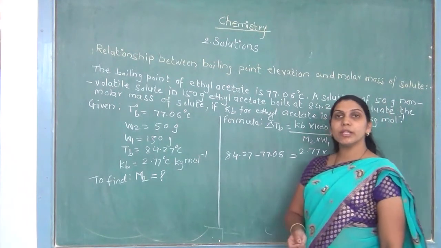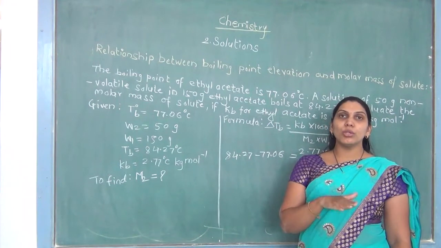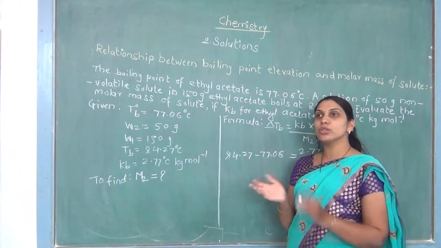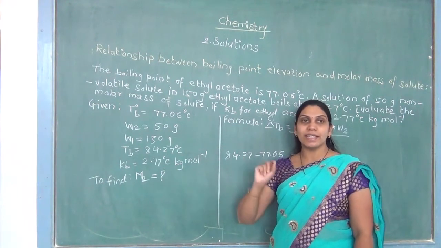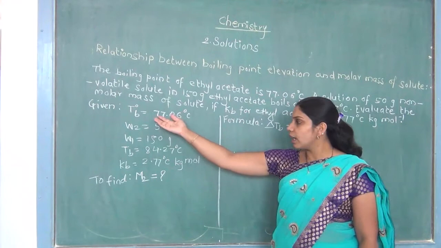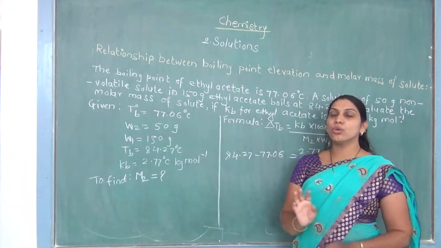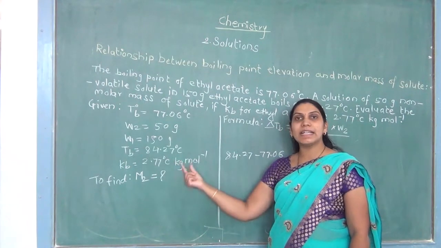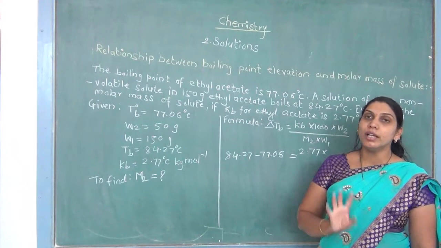Now you have to remember one thing, that generally the molal elevation constant is given in the units of Kelvin kilogram per mole, but here it is given in degree Celsius. But no matter, the difference between the temperature either in Kelvin or in degree Celsius is the same. So the value of Kb in degree Celsius is similar to the value of Kb in the units of Kelvin.